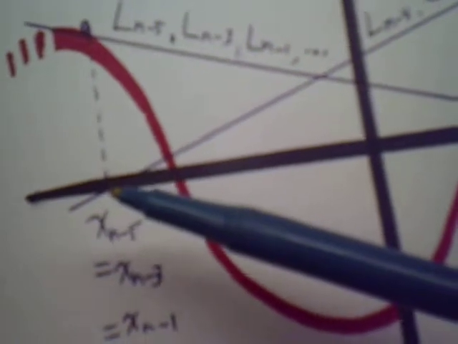We follow the line down till we hit the x-intercept. We get a new x value, xn minus 4, so I went back in time, and now I'm marching towards the present, which will be xn. And go up to the function, draw the line across to get the new x-intercept, which would be xn minus 3. But we notice now that it's exactly the same as xn minus 5. And if we were to continue, we could stop at that point.